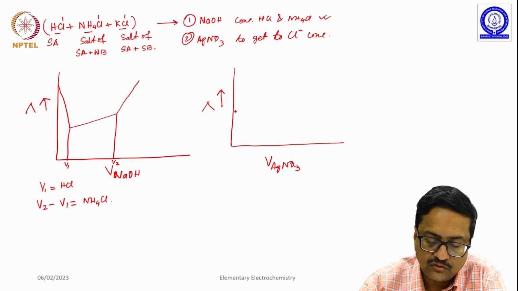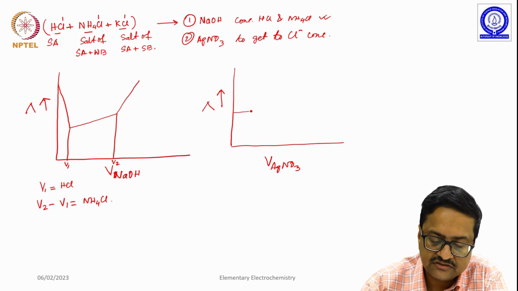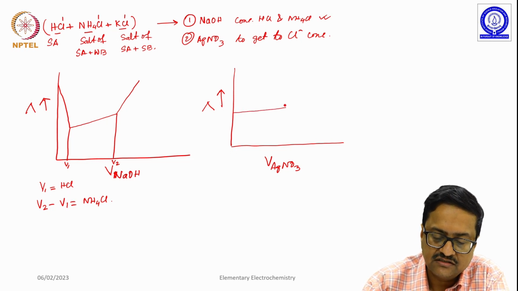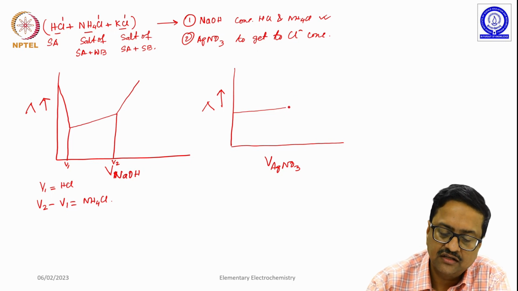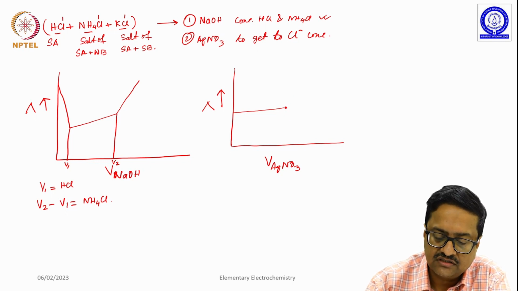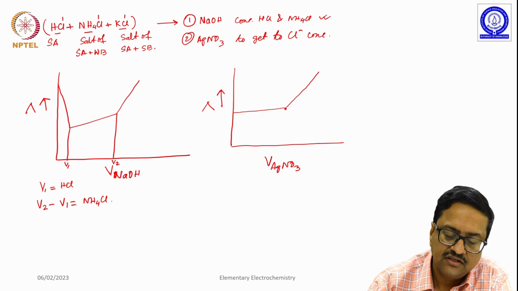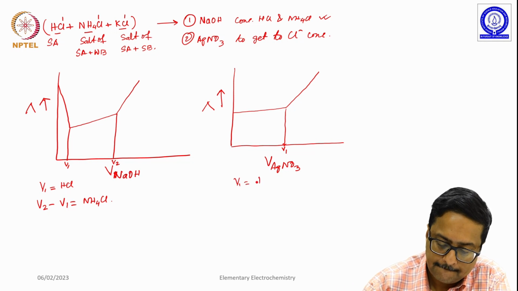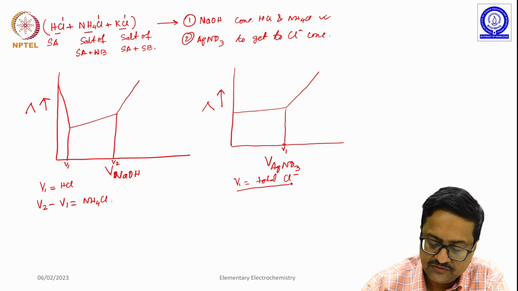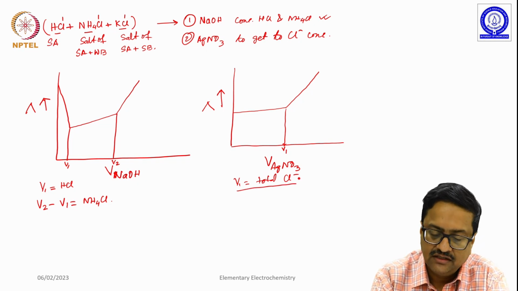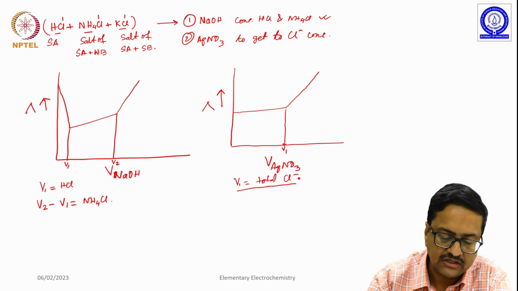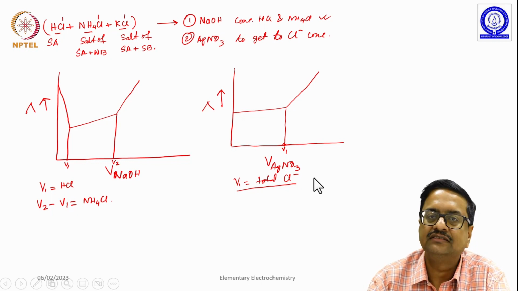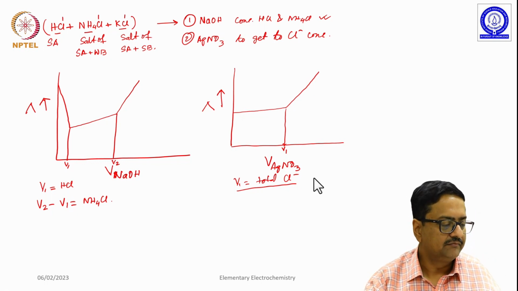In this case, the chloride ion is replaced by nitrate, which has about the same ionic conductivity, so it will not change and then it will increase. So this will give you the volume of total chloride. This V1 will give you the concentration of total chloride, and from that one can determine the concentration of KCl independently.